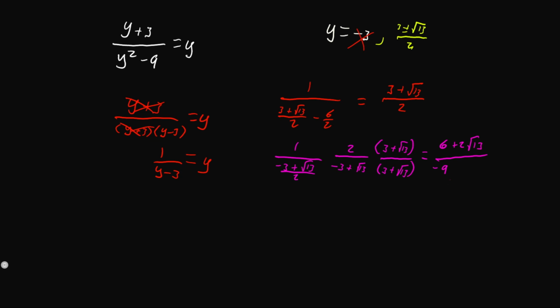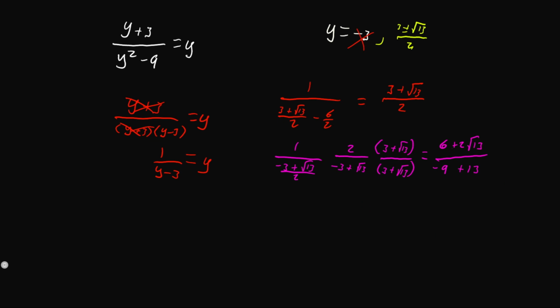negative 9 plus 13, because we have a difference of squares, and we're not going to have the root 13 anymore because 3 times root 13 is 3 root 13, and negative 3 times root 13 is going to give us 0, so we don't need to include that.